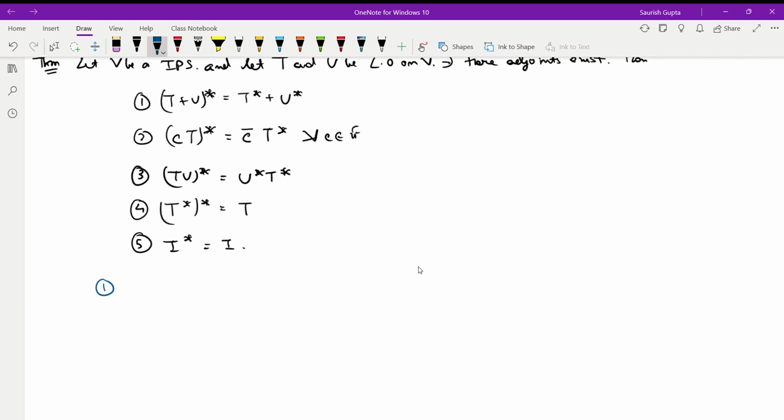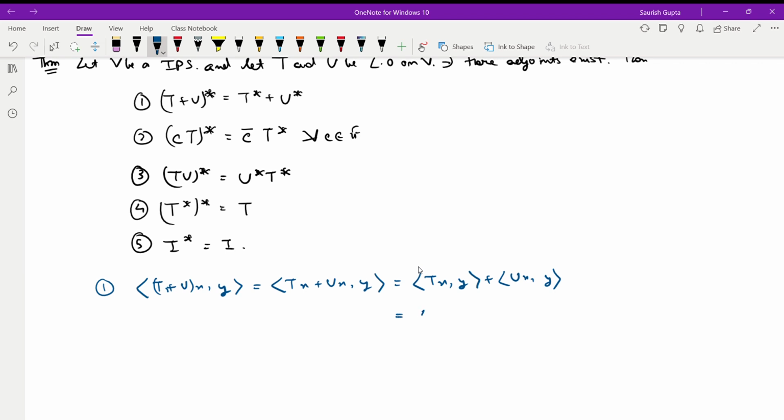If I talk about the first case, suppose I consider the inner product of (T plus U)x with some vector y. Then this will come out to be (Tx plus Ux, y). Then we can distribute it and write it as (Tx, y) plus (Ux, y).